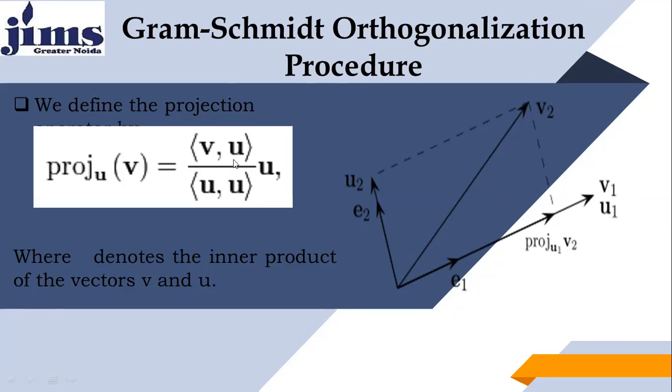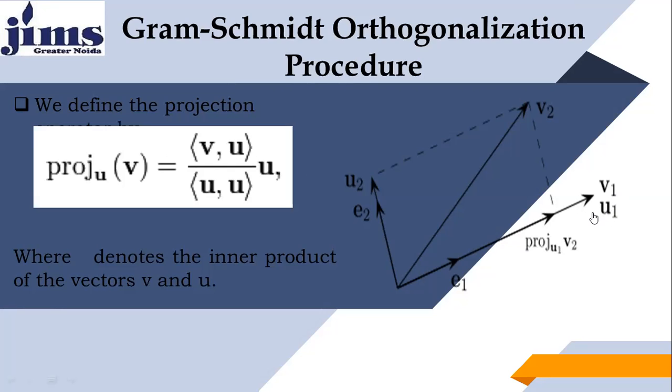And what do you want actually? You want to find U1, U2, U3, U4 up to Uk with the help of V1, V2, V3 up to Vk, right? So the first condition is that V1 and U1 are equal vectors, not only equal but also in the same direction. Look at this, V1 and U1 are in the same direction.